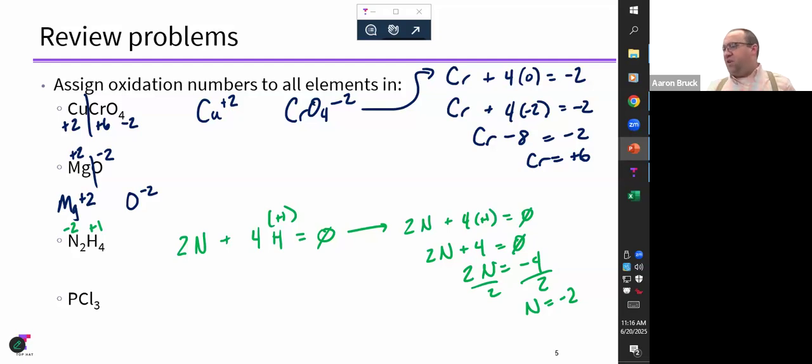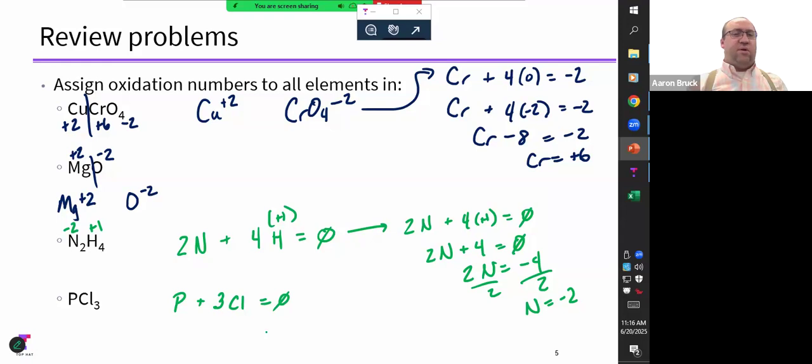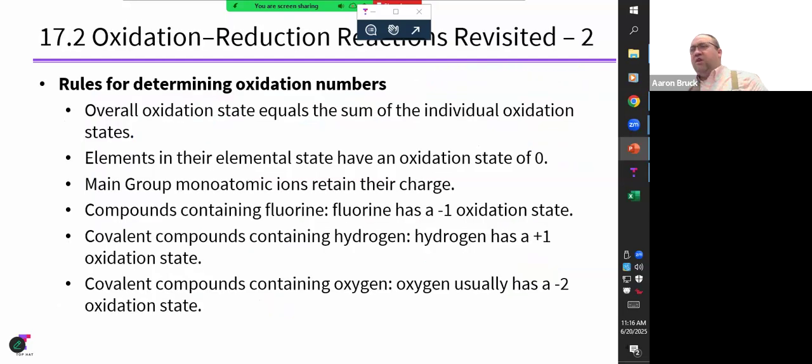In the case of phosphorus trichloride, I'm going to set up a similar kind of calculation. Phosphorus and 3 chlorine total out to 0. Okay. Here's where these guidelines, well, hold on a second. I don't have anything for phosphorus. I don't have anything for chlorine.